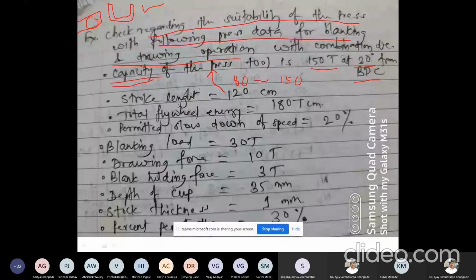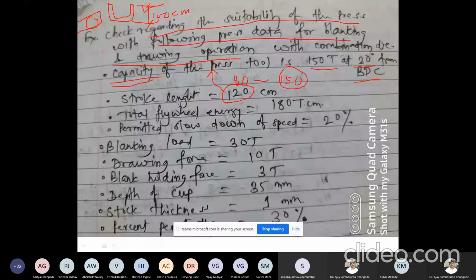If you want to draw up to 100 centimeter, obviously we can't use a stroke of 150, because our requirement is only 100 centimeter that the punch should move to do the drawing operation. So accordingly we adjust the stroke length, and let us say we have kept it at 120. The total flywheel energy is 180 ton centimeter. Force into distance, that is the energy.